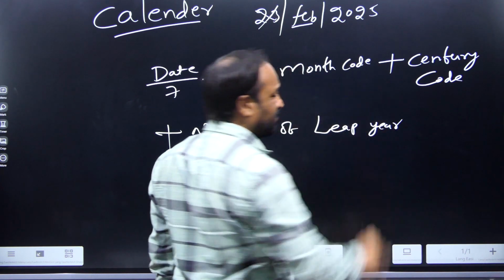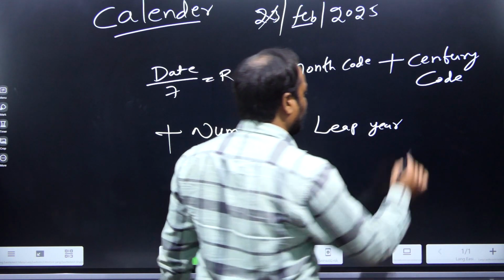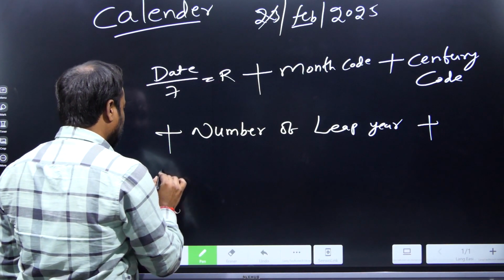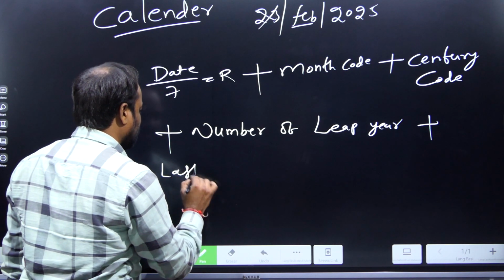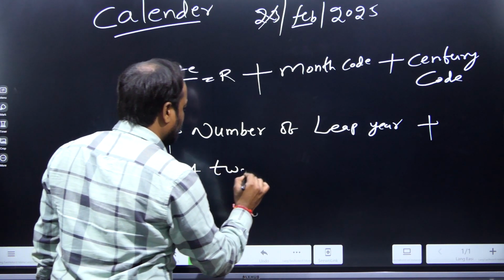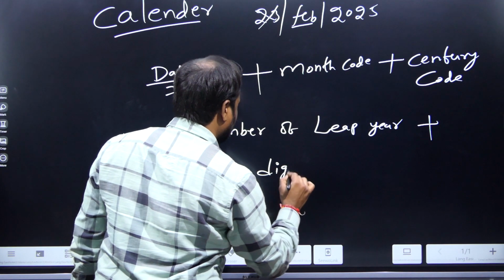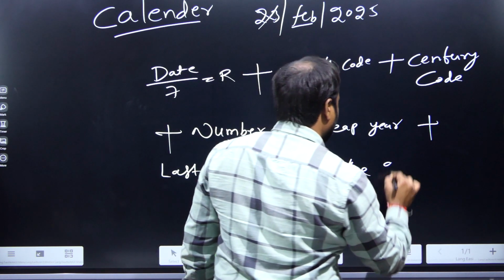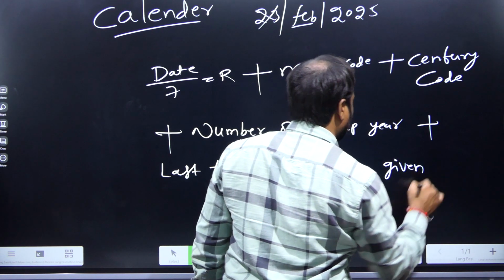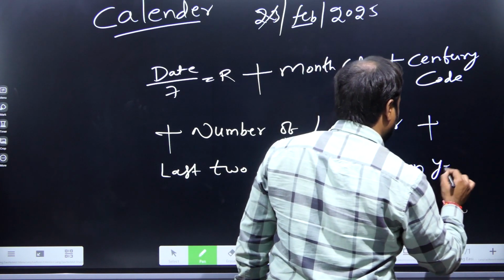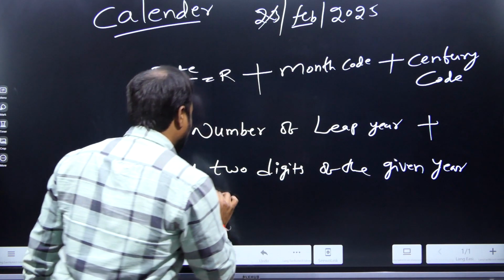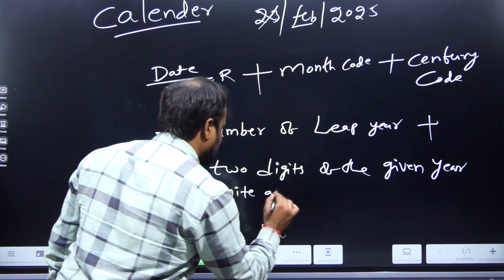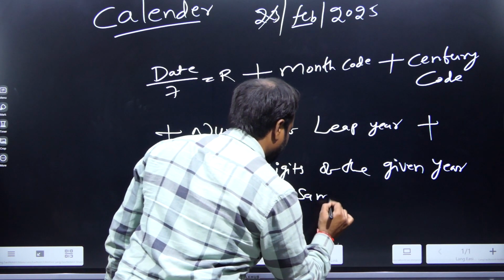How many leap years are present in the given year? And the last step is the last 2 digits of the given year. Write them as the same.